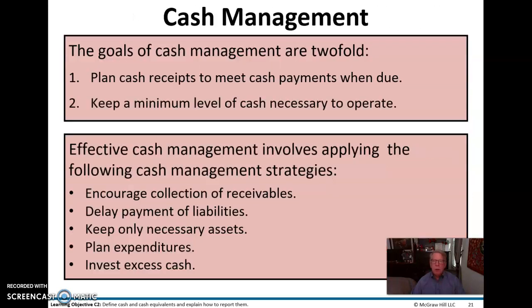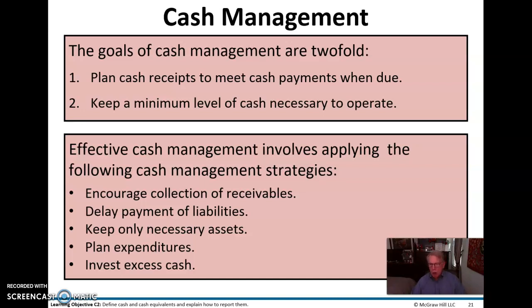So the goal of cash management then is to plan our cash receipts to meet the cash payments when they are due. Sounds very easy, not easy in the real world. We also want to keep a minimum amount of cash necessary to operate, and in some cases, a little safety. Things don't work perfectly oftentimes, and we need a little bit of wiggle room, if you want to call it.